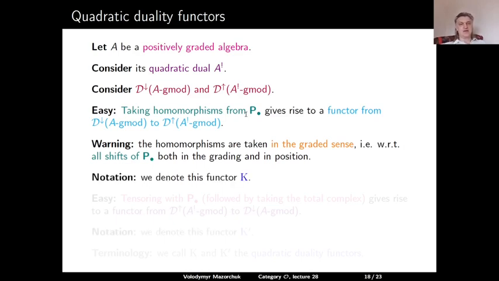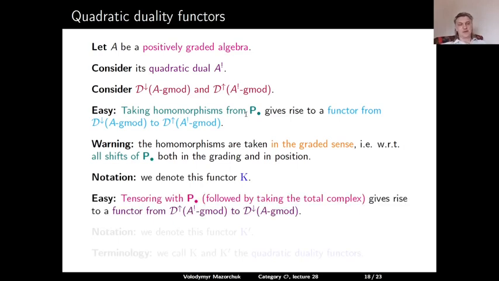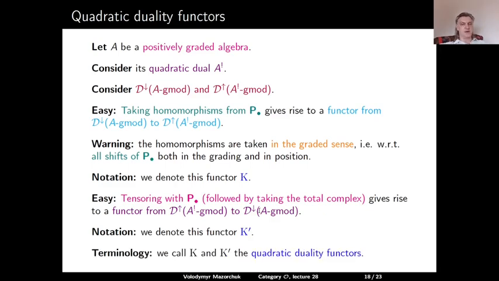So let's denote this functor given by taking homomorphisms from P dot by K. And of course, we can also tensor with P dot, and again, taking all the shifts and so on. And this gives rise to a functor from the up arrow category to the down arrow category. So we denote this functor by K prime, and we call K and K prime the quadratic duality functors.